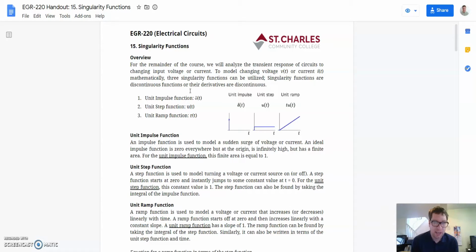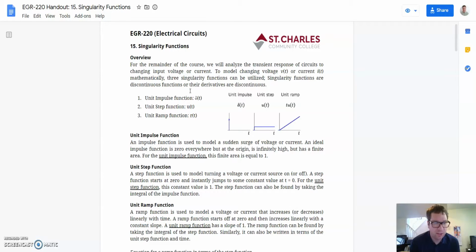In order to model that, we need a signal that can be turned on and turned off. So we take a slight detour and look at signal modeling so that we can model those functions before applying them to our transient analysis.